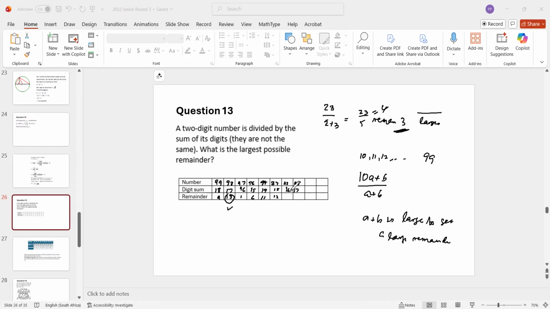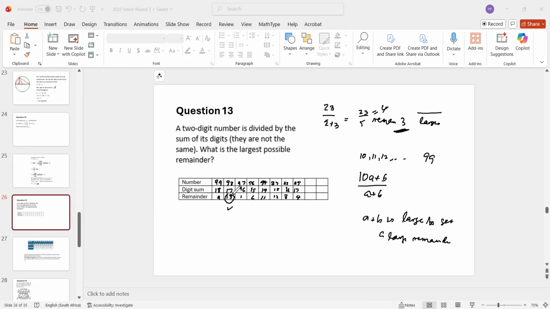When you divide 88 by 16, the remainder is 8. You can try it. 89 by 17, the remainder is 4. So still, this is the top dog, 13. Okay, now this is where you stop because you can't get a larger sum than 17.